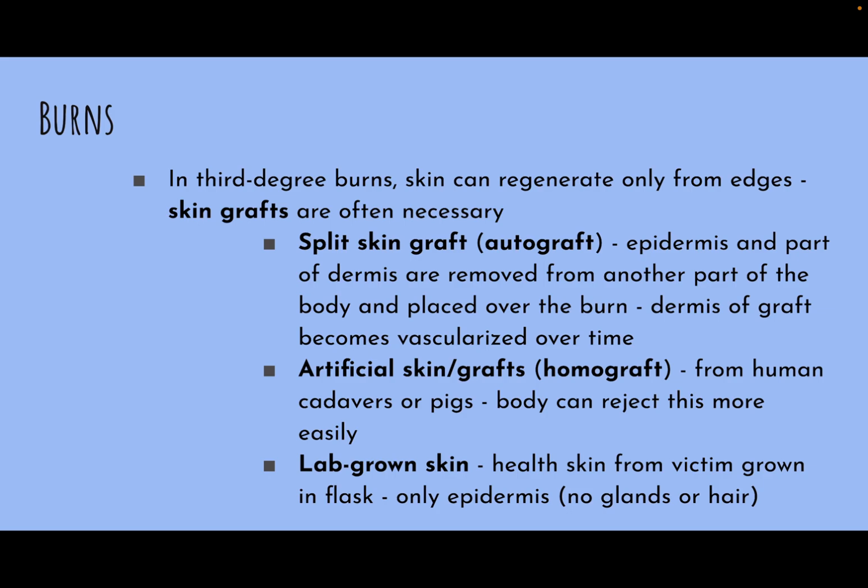The problem with this is the body can reject them pretty easily. And then finally, healthy skin can be grown in a lab, and we watched a little movie about that early in the year. But unfortunately, when you do that, we're just kind of getting the epidermis. We're not getting a replacement of the glands, the hair, the sensory receptors, things like that.